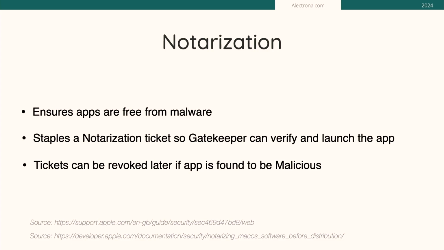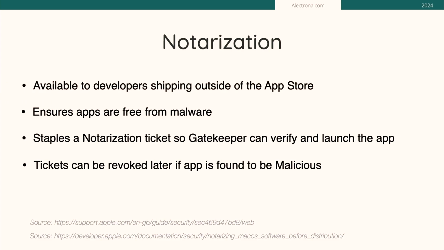So that's another benefit of notarization as well. It's also available to developers shipping outside of the App Store. So any third-party developers who are not going through the App Store approval process, but do build packages for macOS, this is another protection that's out there to ensure the authenticity of the package that's being installed on the device.